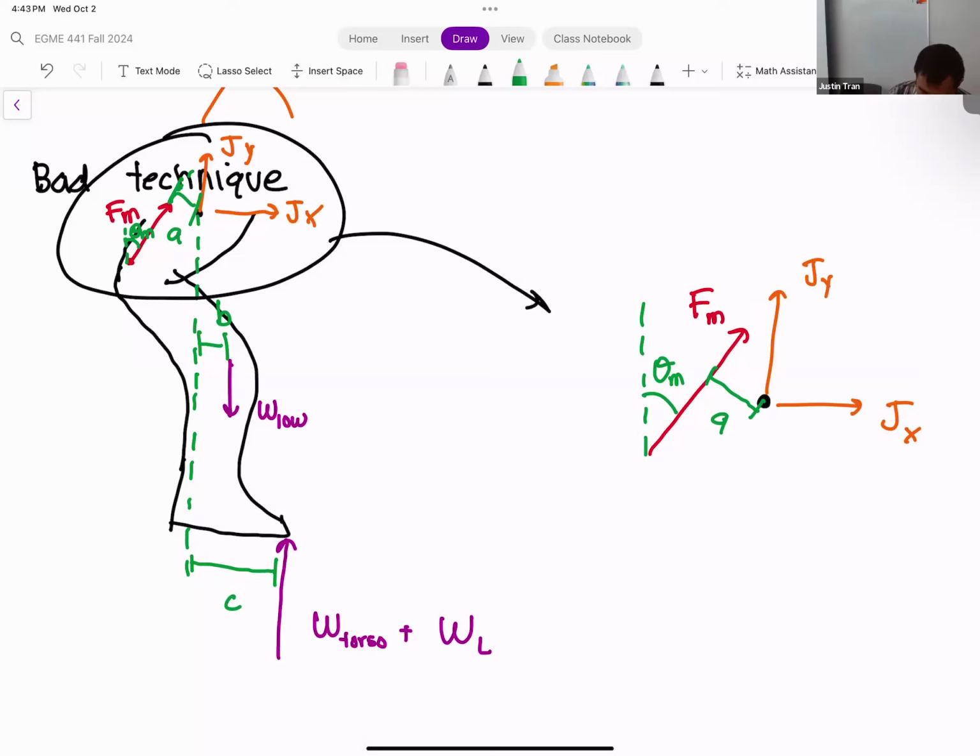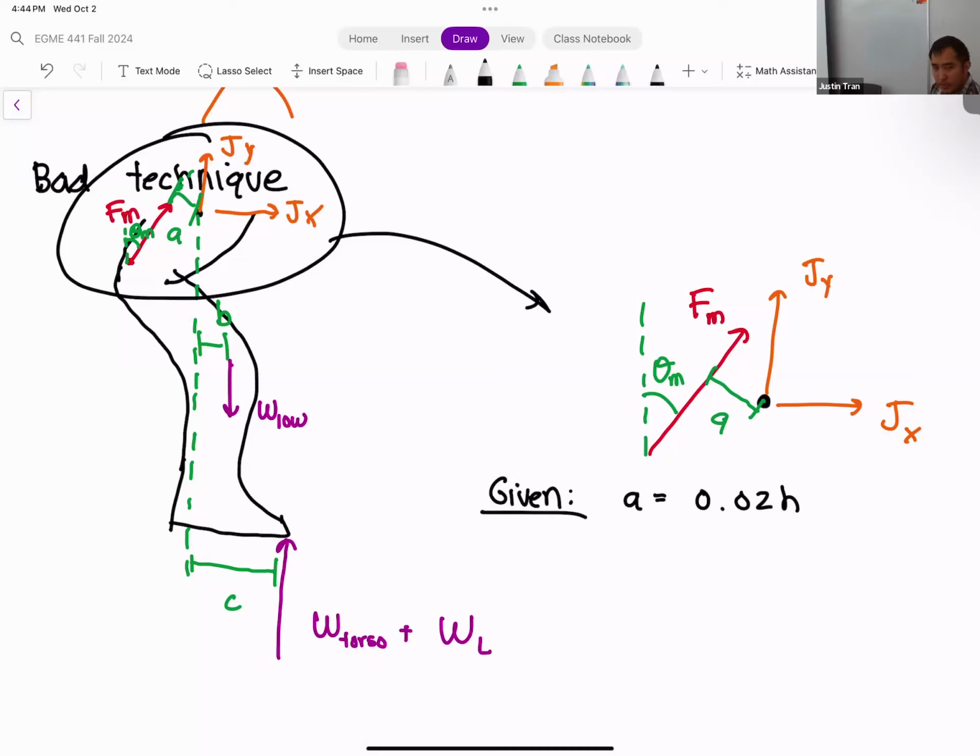Let me not forget to give you all the dimensions. So all the given information: we are given all the physical dimensions and measurements here. A will be 0.02 h, where H is the height of the person.